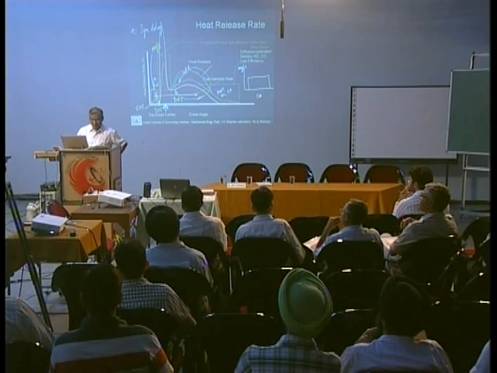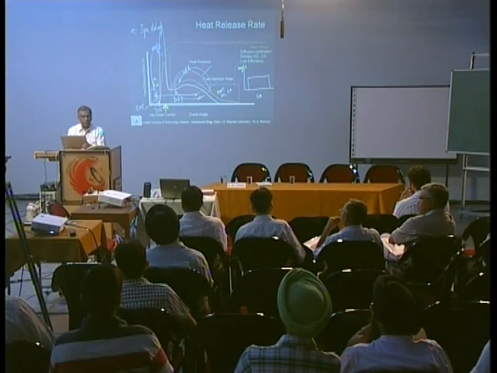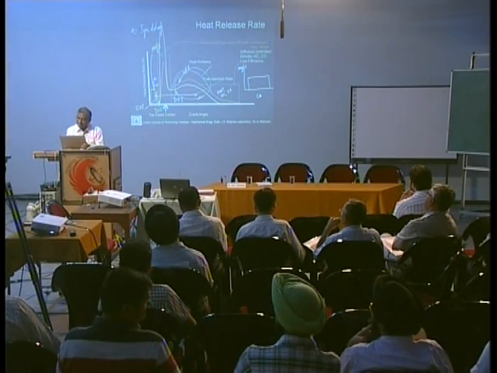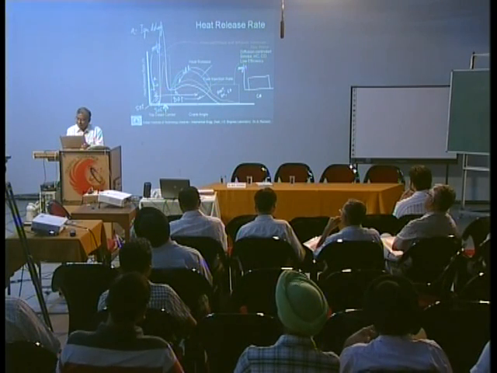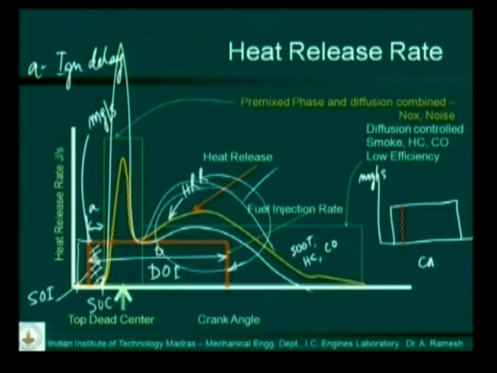We'll be going there. So what we actually do is, we first inject a small pulse, we stop the injection, and then we again start and inject. So let us say we do like this. First you inject and then stop. We stop the injection somewhere here itself.